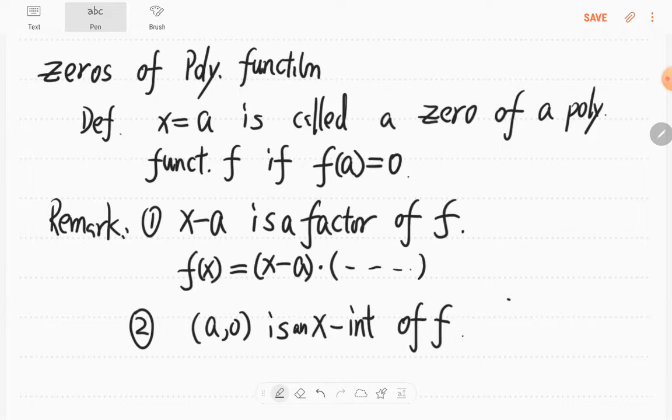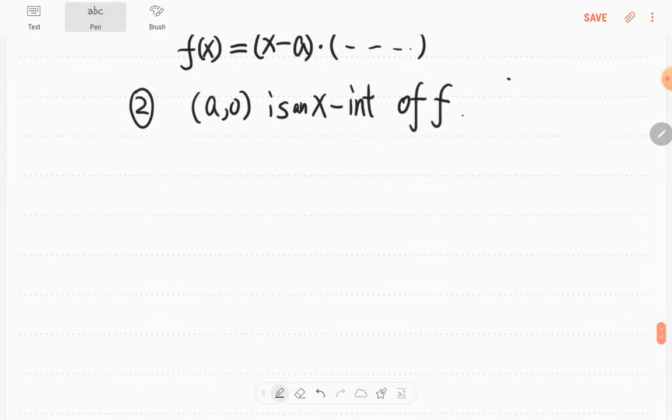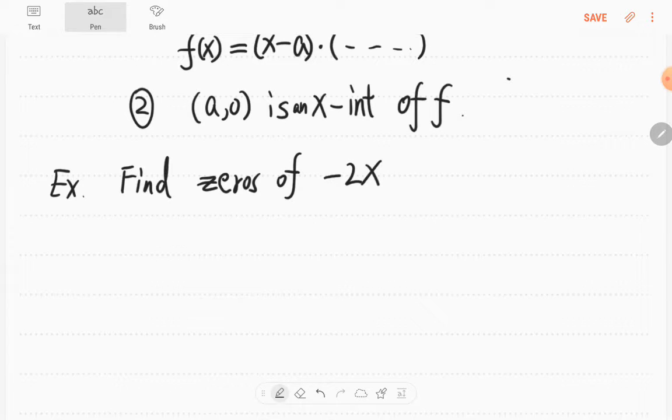So how to find the zeros of a polynomial function? It's very easy. We just set the function to be 0, then solve for x, right? So now we use an example. Find the zeros of f of x equals negative 2x to the fourth plus 2x squared.